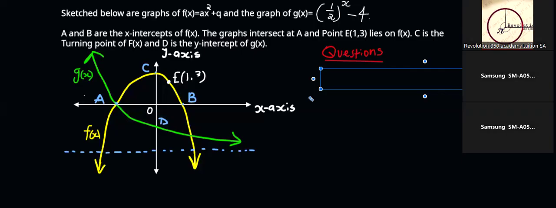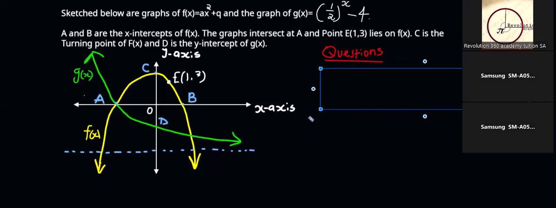Calculate the coordinates of A. Then as we go to number 4, calculate the values of a and q. So these are the only questions which you're going to attempt with regards to this.